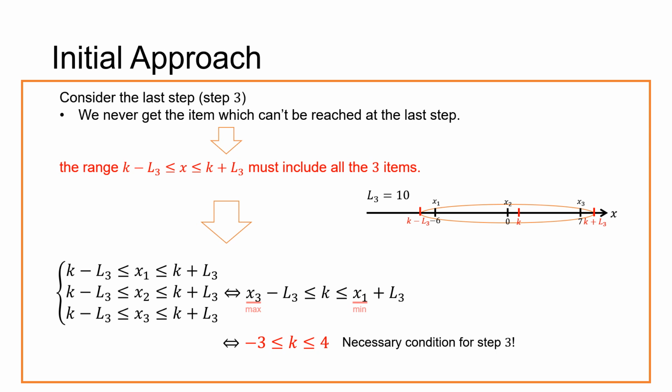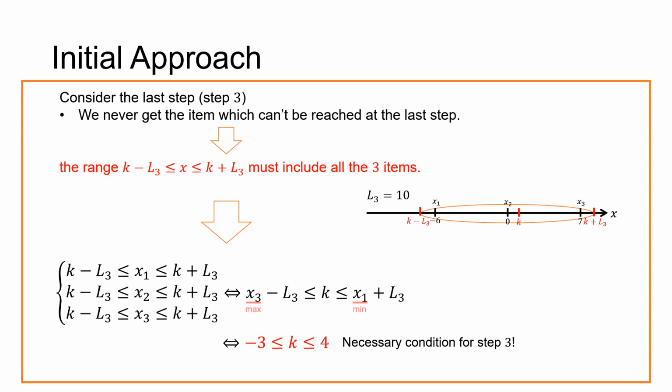Let's consider the last step and think about what initial position realizes the last step. Notice that the width increases as the step increases. So we conclude that we never get the item which can be reached at the last step.